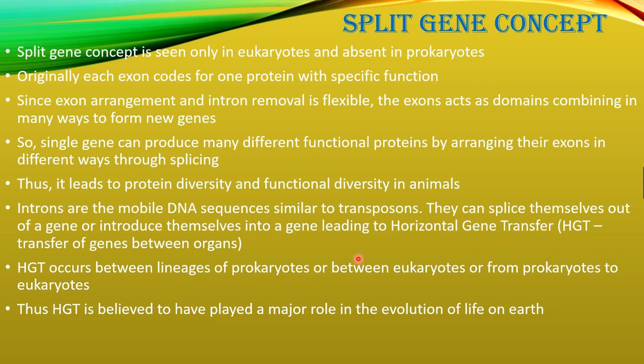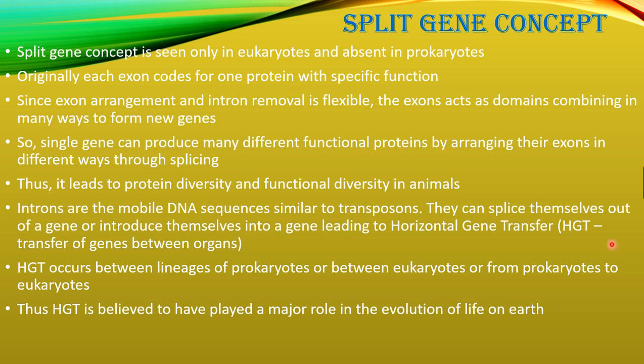When gene transfer occurs, it leads to various genetic lineages and various proteins being formed, and this is believed to have played a major role in the evolution of life on Earth. Different organisms evolve from simple to complex only because a single gene can produce different functional proteins by arranging its exons differently and splicing out the non-coding introns.